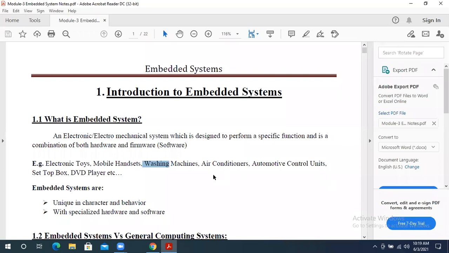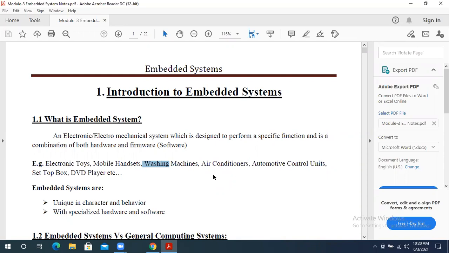And the microwave oven is also an example of an embedded system. Then AC, then your mobile handsets. The smartphones we use nowadays are all on the theory of embedded systems, designed using embedded systems only. Next, nowadays we are using a lot of toys which work automatically, called electronic toys.